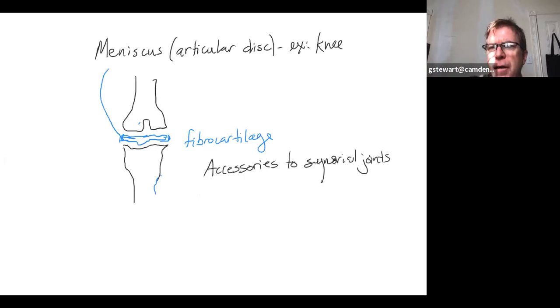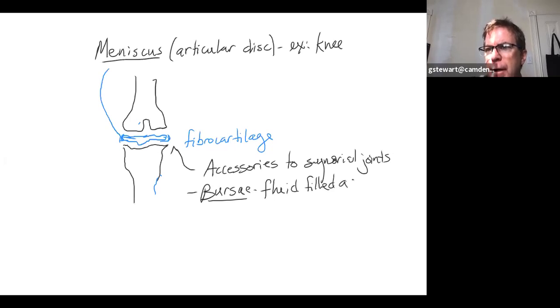Technically, the meniscus is sort of an accessory to the joint because it's not found in all synovial joints. These are more common. You've heard of bursa, or bursae is plural. These are fluid-filled sacs associated with synovial joints. That means close to, around the area of synovial joints.